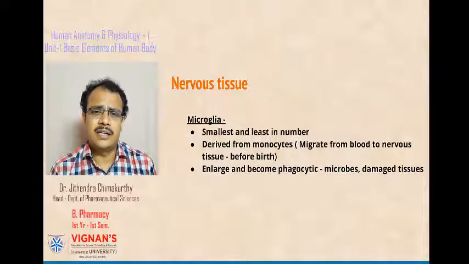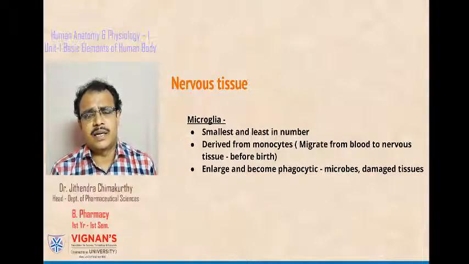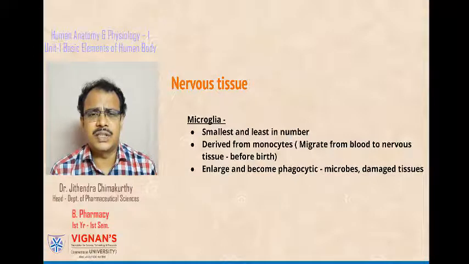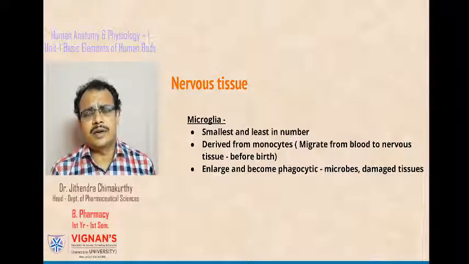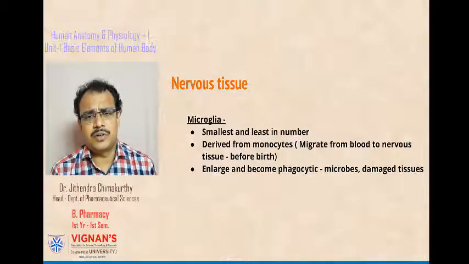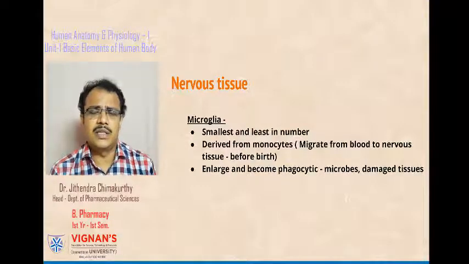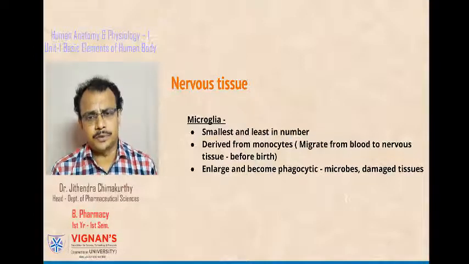Monocytes migrate to the central nervous system before birth, where they are modified into microglia, and they have the same phagocytic function. They are involved in phagocytosis of any foreign material which has entered into the nervous tissue, or removal of cell debris and microbes.